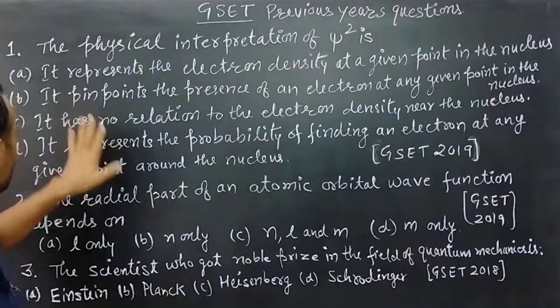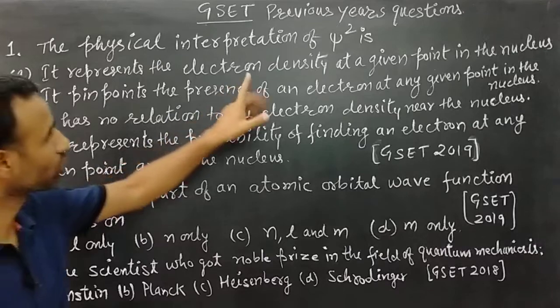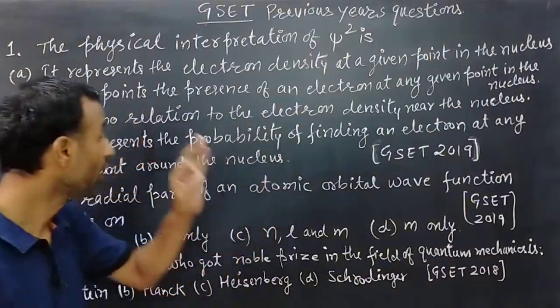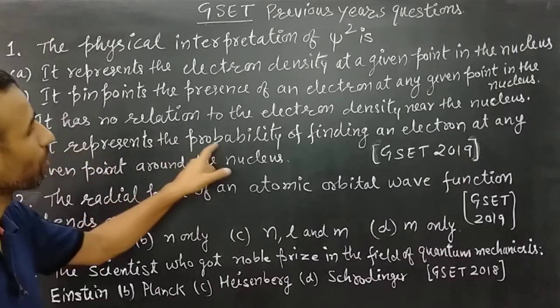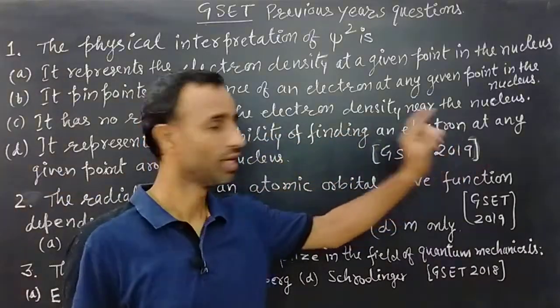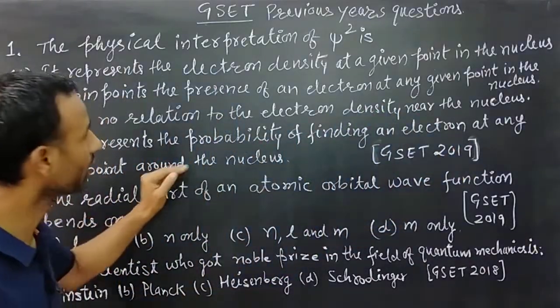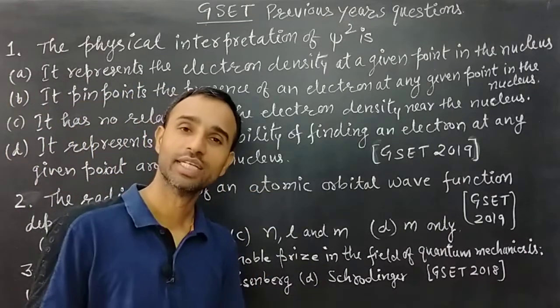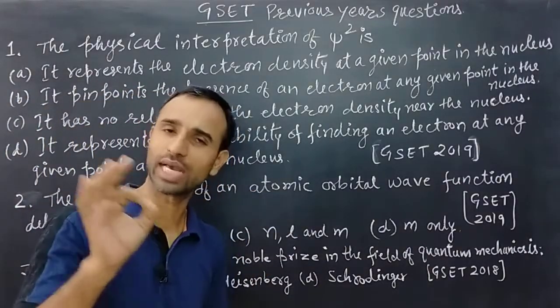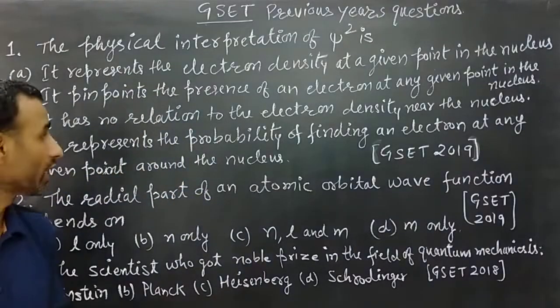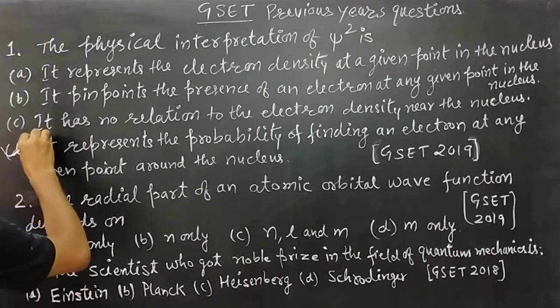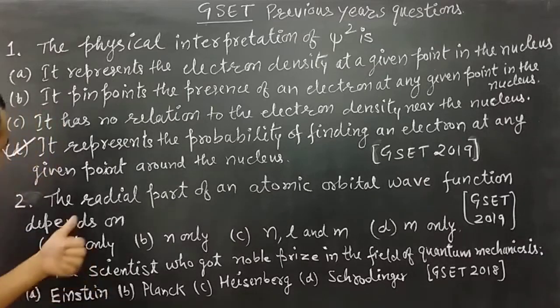So first it seems to represent the electron density, but it represents probability actually. So it represents the probability of finding an electron at any given point around the nucleus. That is the physical significance of psi square. Simple. So for question number 1, D option is correct.